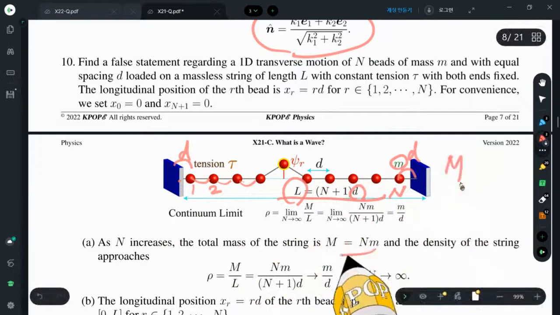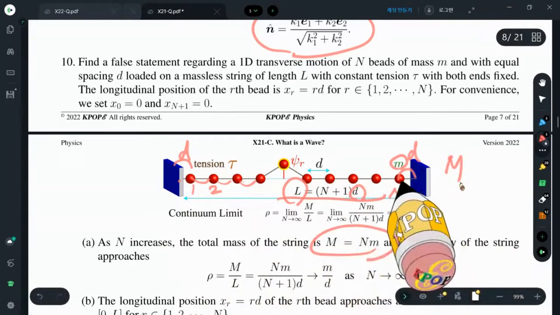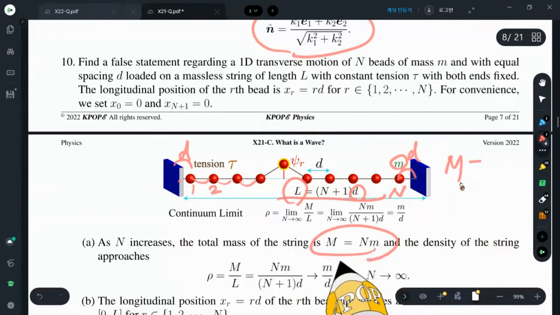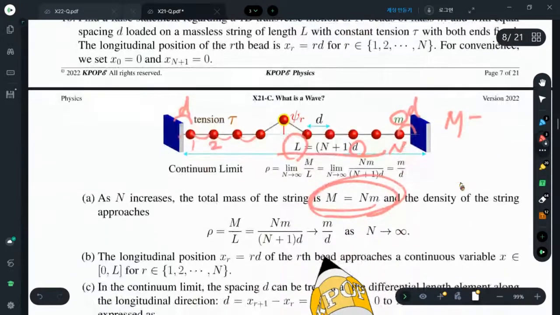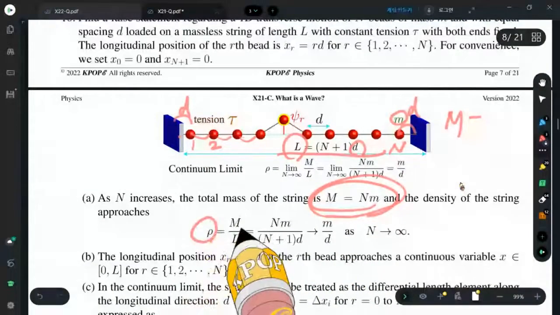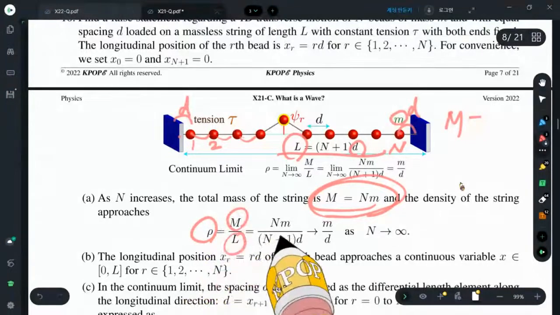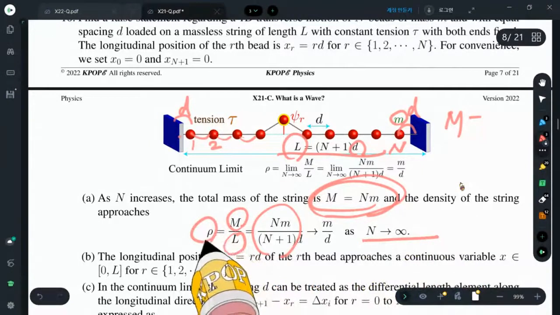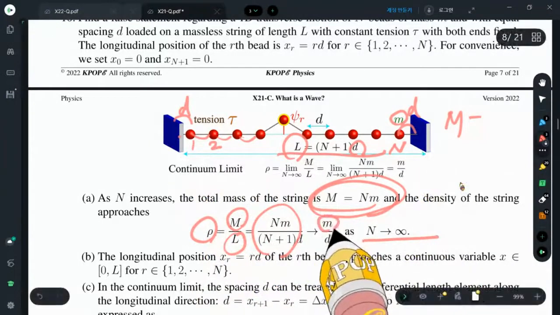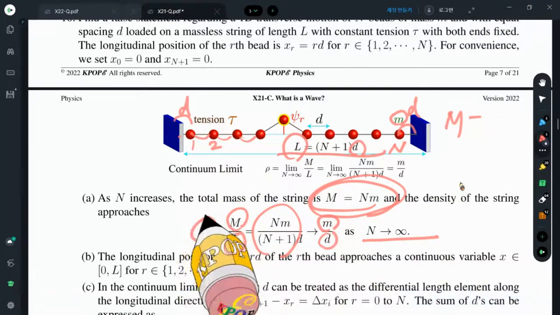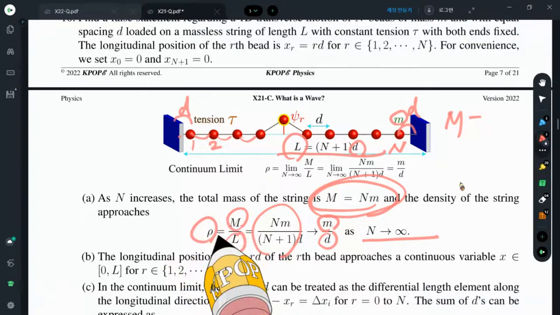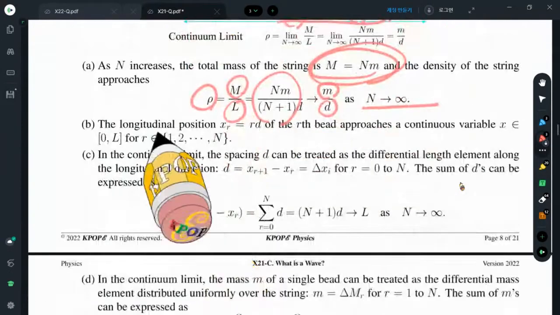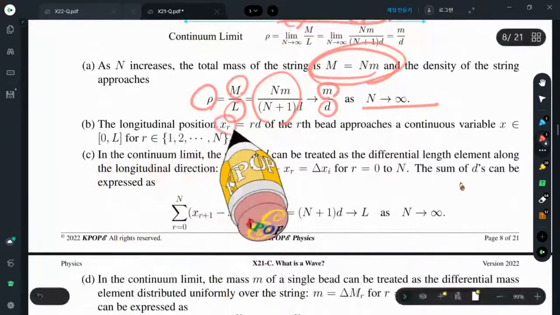Mass is n beads with small m, so this is total mass. Density of this string is the total mass divided by length, and in the limit as n goes to infinity, the density of this string is small m over d. We have a finite value for the linear mass density of the string. Longitudinal position.